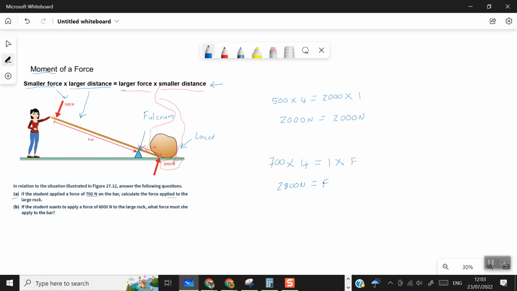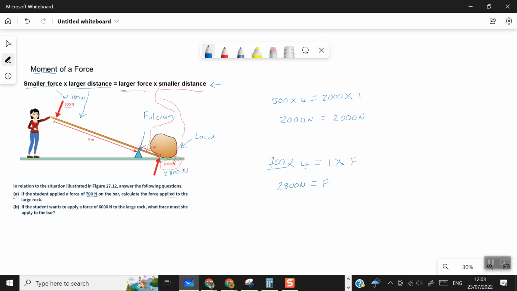So what we can see is that if we apply a force of 700 newtons, instead of applying a force here of 500 newtons, we increase that to 700 newtons, the force down here is going to increase to 2,800 newtons.